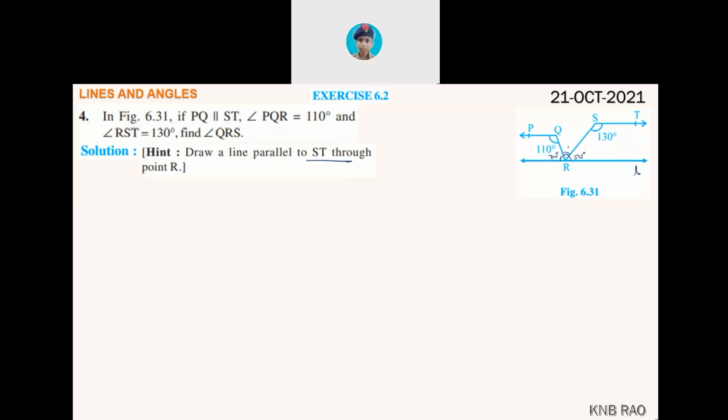Yes, 60 degrees. Understood? This is the simplest thing you can do: drawing a line parallel to ST passing through R. Very, very easy way of doing it. Important question, children. Any doubt? Is this clear? Yes, sir. Next.